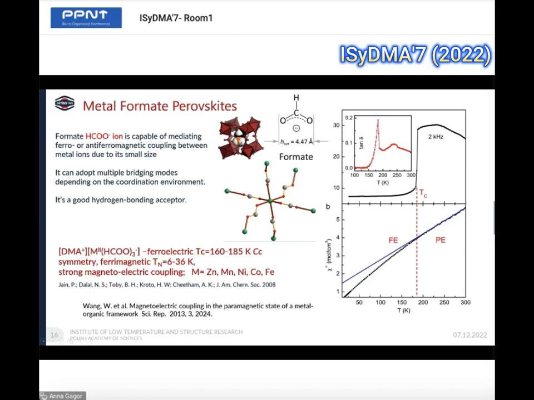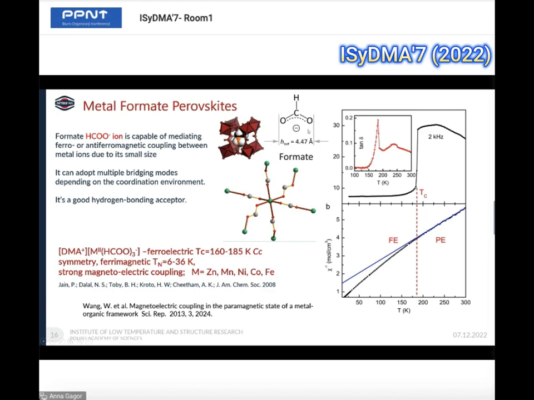So up to now, the metal formate family is the largest one. A lot of new materials have been synthesized using this formate and different amines.